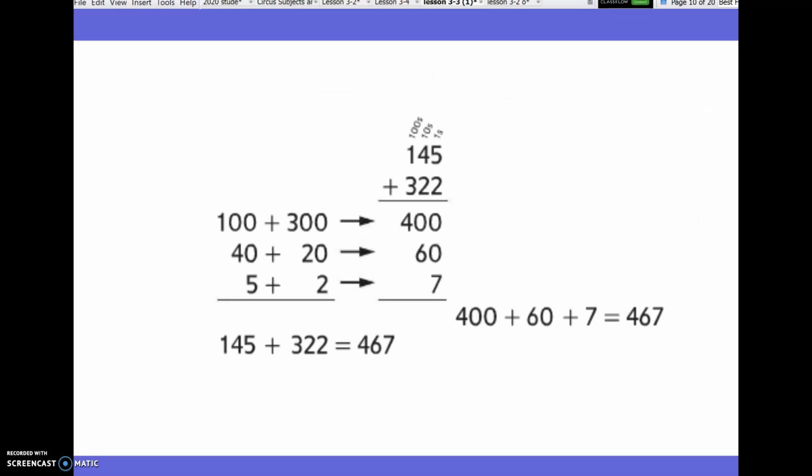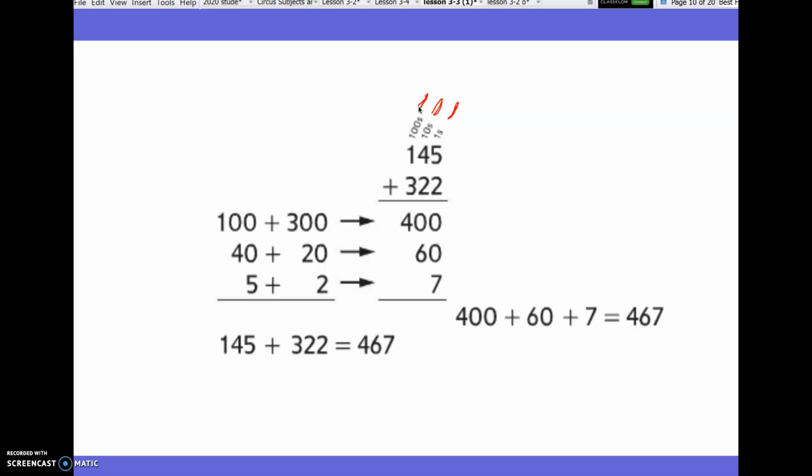Now we're going to work on talking through how to solve that problem using our partial sums strategy. And this is where your expanded form is going to come in very handy. So before we work on solving this, I want to point out that we have listed here ones, tens, and hundreds.